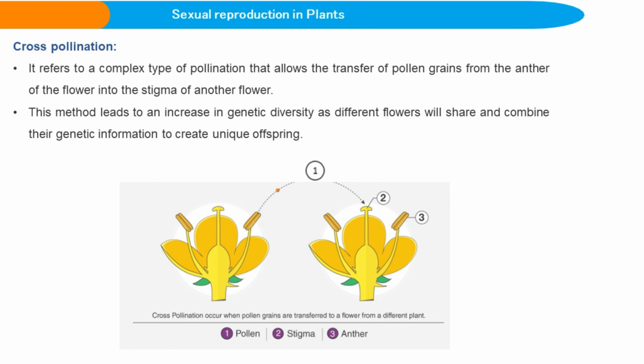Cross-pollination refers to a complex type of pollination. Self-pollination is the primitive type, and this is the complex type of pollination that allows the transfer of pollen grains from the anther to the stigma of another flower of the same kind.